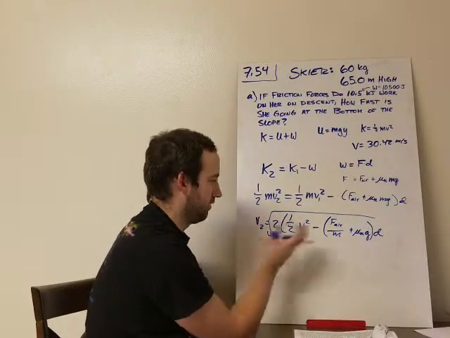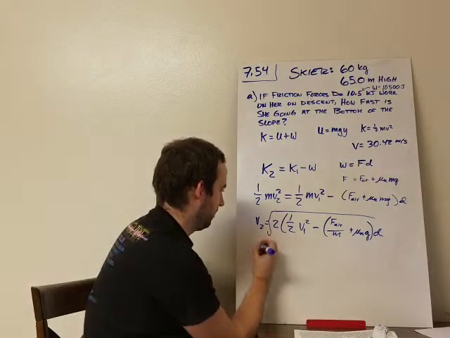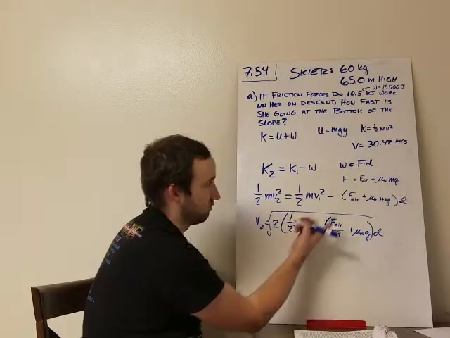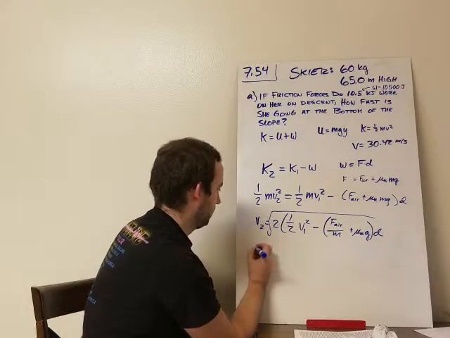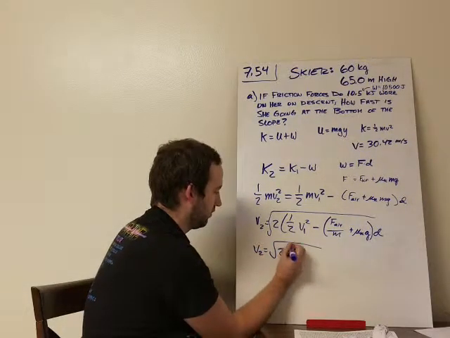Now we can plug in everything we have. We know the first velocity is what we already found, the 30.42.